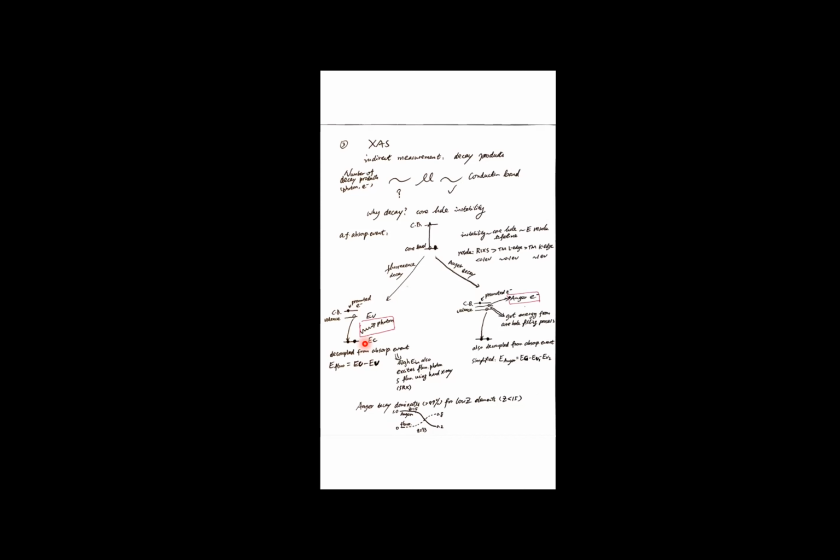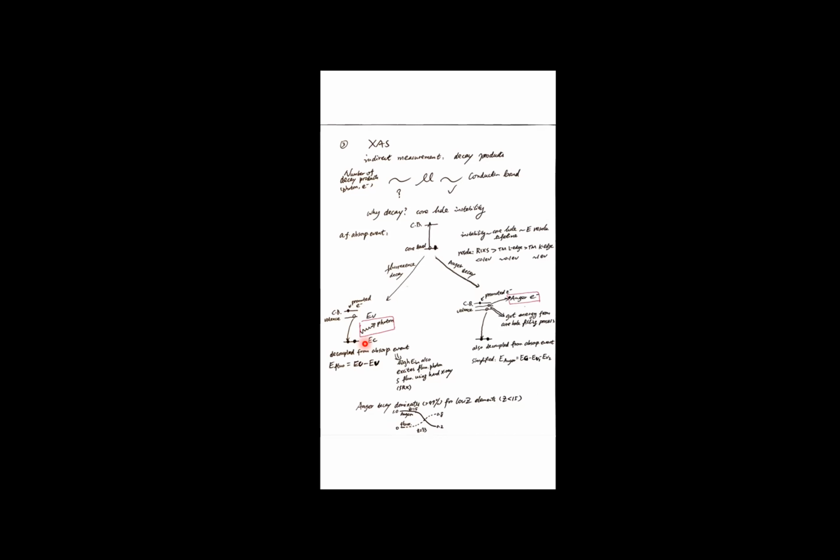A key understanding is that this fluorescence decay is independent of the absorption coefficient. Well, it's not fully independent. We can put it this way: fluorescence decay matters most to the presence of a core hole.